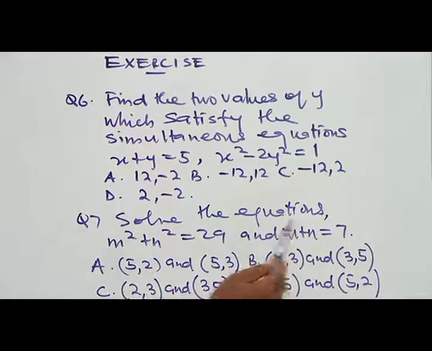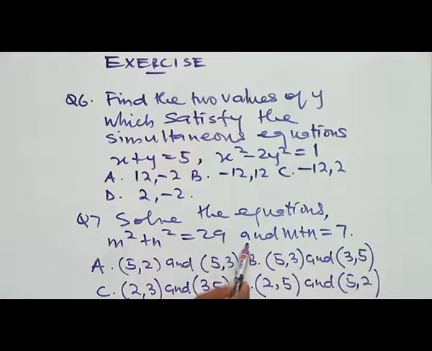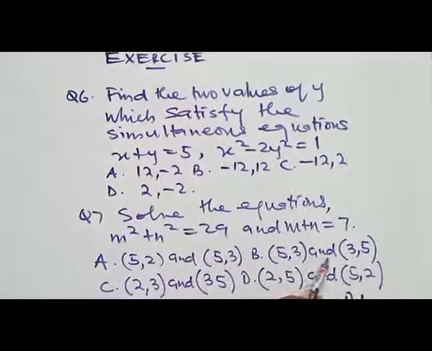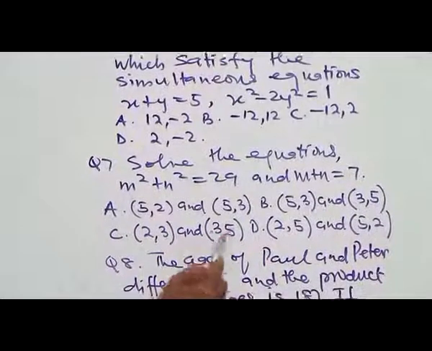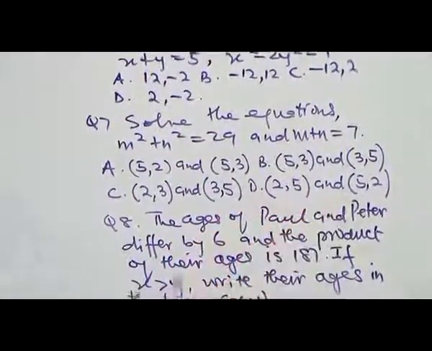Solve the equations m squared plus n squared equal to 29 and m plus n equal to 7. Option A, 5, 2 and 5, 3. Option B, 5, 3 and 3, 5. Option C, 2, 3, and 3, 5. Option D, 2, 5, and 5, 2.